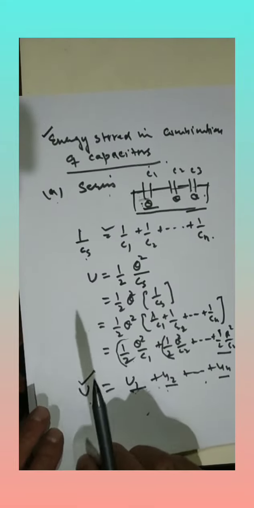Now second is parallel combination. Now in parallel combination, what we have is that the potential is the same throughout.